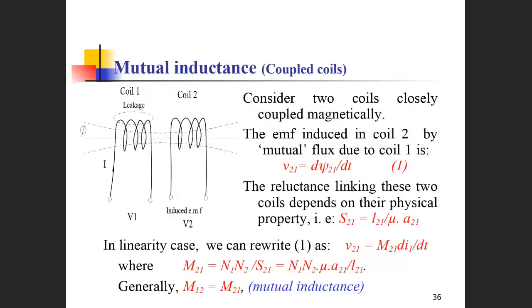Now we come to another concept, the interactions between the coils. So far we just learned about the one coil, that means the coil applied with current produces a magnetic field that induces voltage on itself.